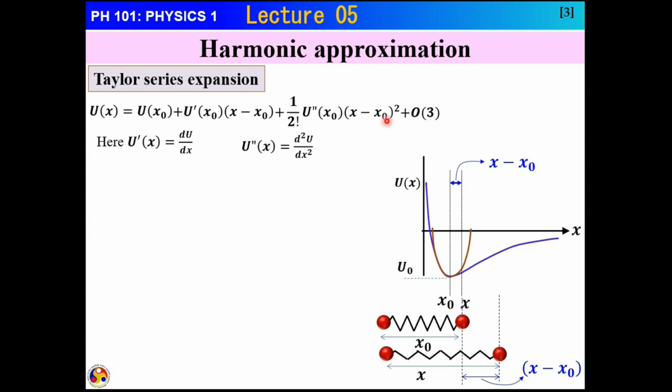This is the second order. O means order, here order 3 and so on, order 4, order 5, you can go ahead. Here order 3 will be 1 by 3 factorial u triple prime x naught into x minus x naught whole cube, if you are putting here.